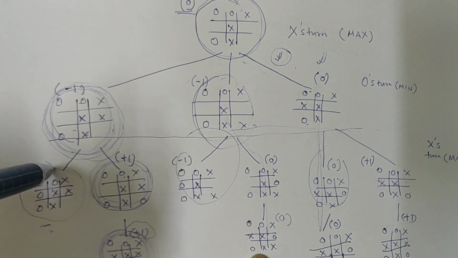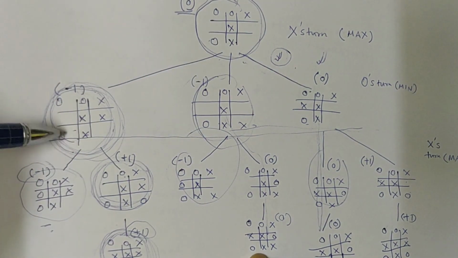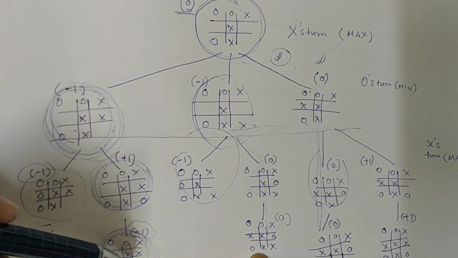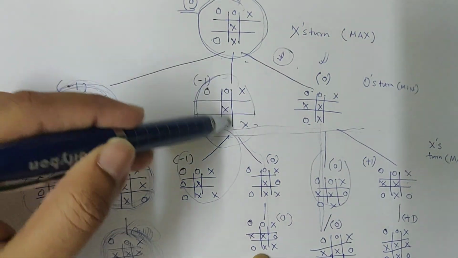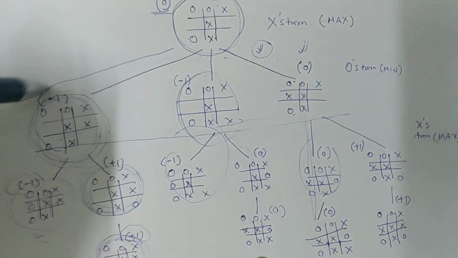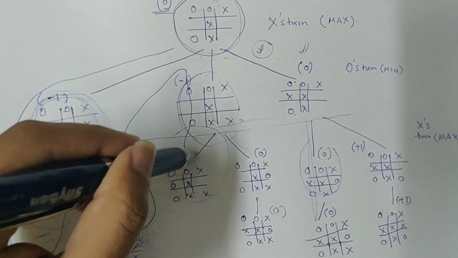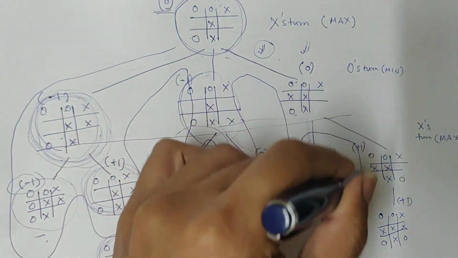After exploring this node, from here it came to here, then it explored this node, then it came up to here, and then it again went up, and it is like this, this, this.